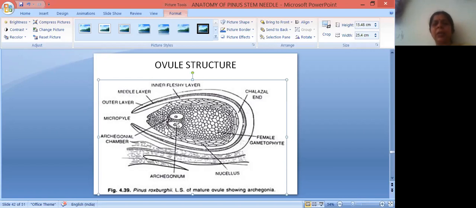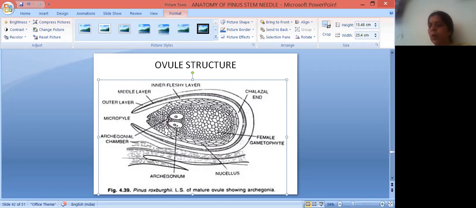Instead of a well-developed embryo sac, two archegonia are formed in the place of the functional megaspore. The functional megaspore is haploid in nature, and it gives us two archegonia.